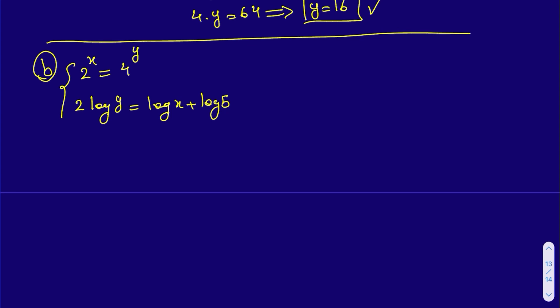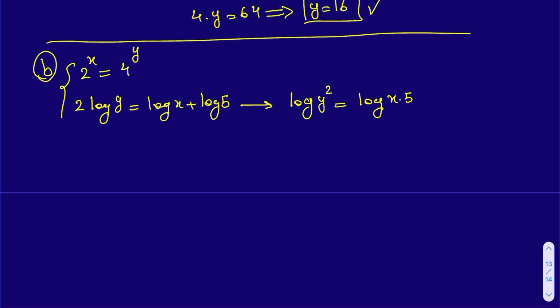So then I will use the logarithmic equation properties. I will move this coefficient 2 as a power to y, so log y to the power of 2 is equal to log x times 5.